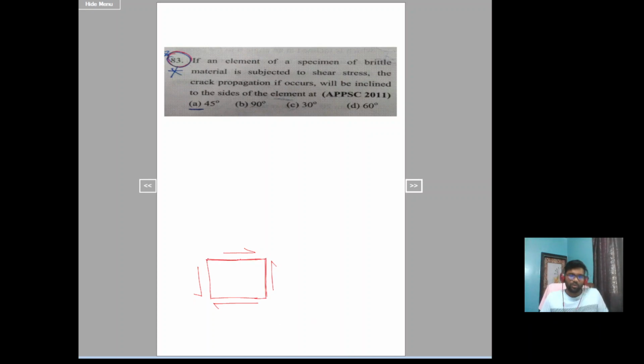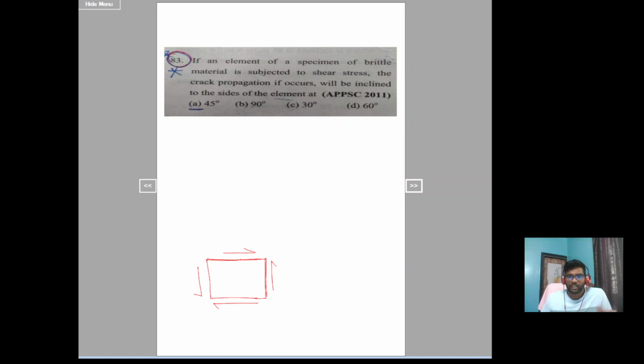When it comes to brittle material, it is strong in shear but weak in tension. So in this shear case, whatever plane is the major principal stress plane, the crack will occur on that plane. Whatever the maximum tensile stress plane, the crack will occur on that plane.